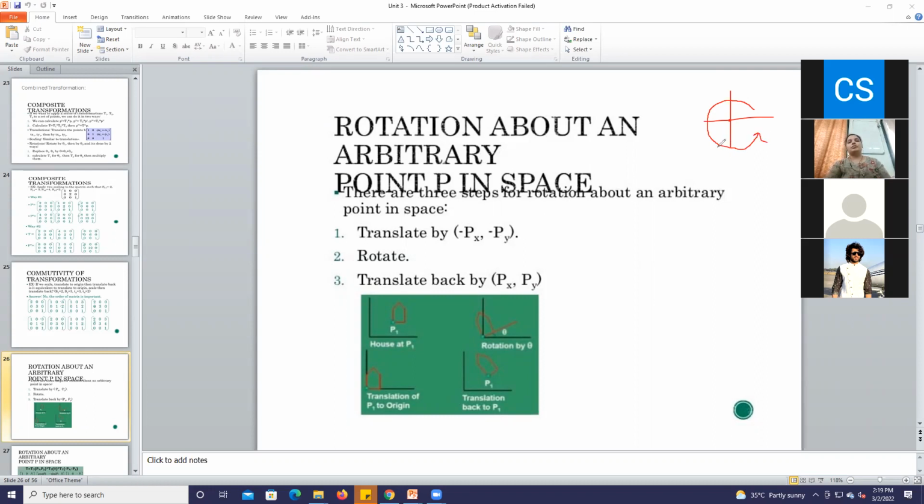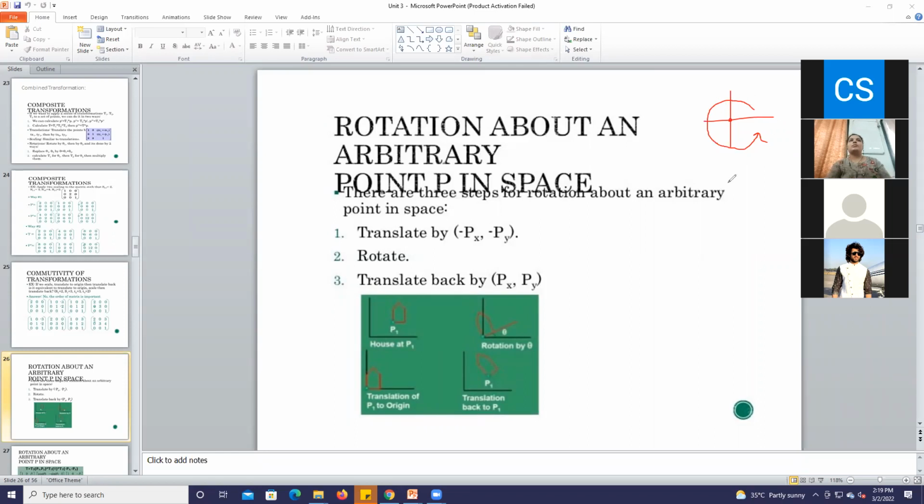So it is nothing but the circular motion in rotation which is always carried out with respect to origin. Now, always with respect to origin I am going to carry out the rotation.